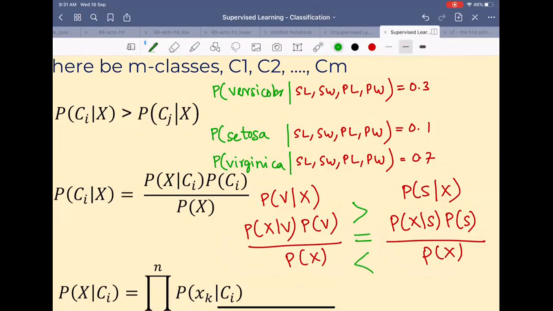Now, to evaluate these three options, can you tell me, is evaluating P of X important or not? Can I still choose what is the equality without evaluating the probability of P of X?